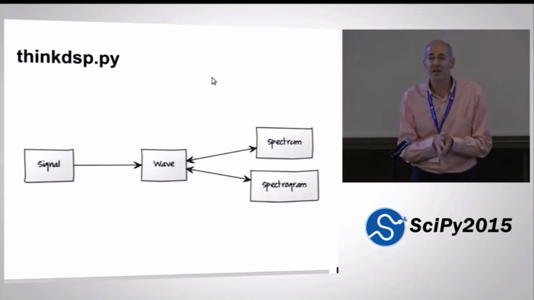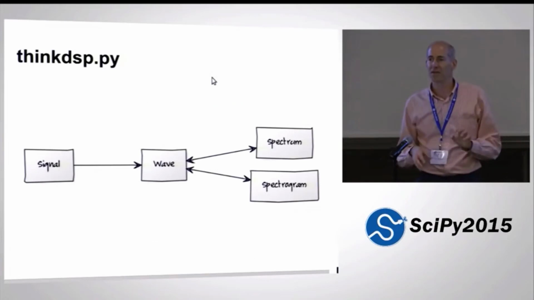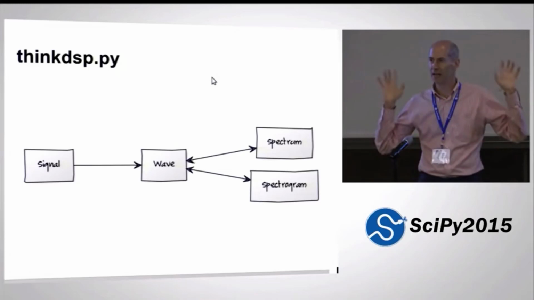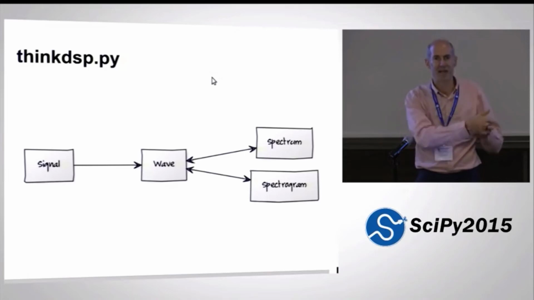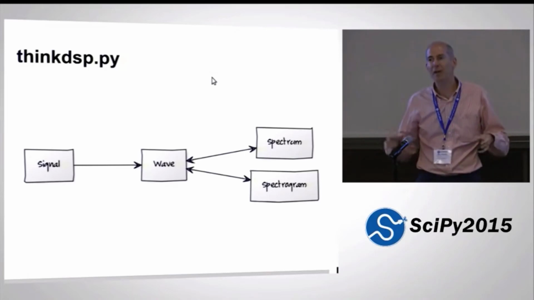The framework that's in the book is thinkdsp.py, and these are the basic objects that make it up. The idea is that a signal is just a mathematical entity that represents something that varies in time, and you can discretize that. So I'm doing everything in the discrete world. I'm going to call that a wave.